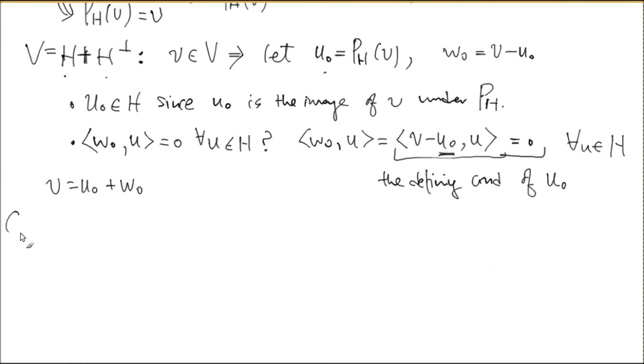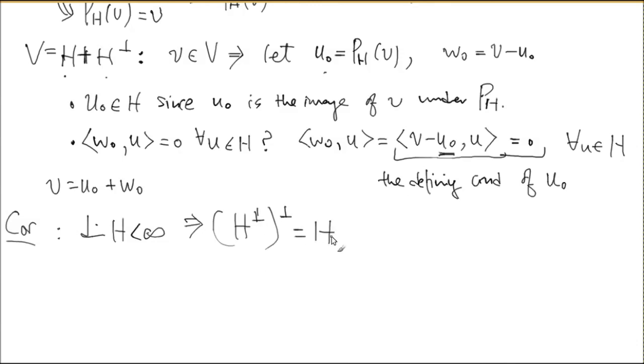And here's a corollary. I will leave that as a homework problem. Under this condition, if the dimension of H is finite, then H perp perp is back to H. The tricky part is that we're considering the orthogonal complement of something which has infinite dimension, right?